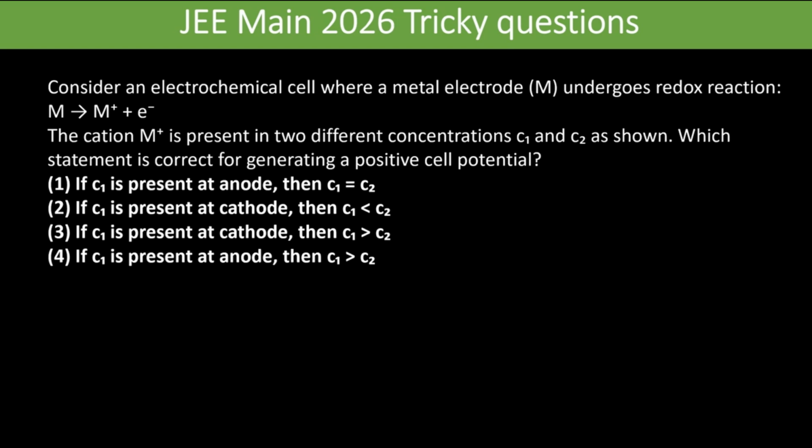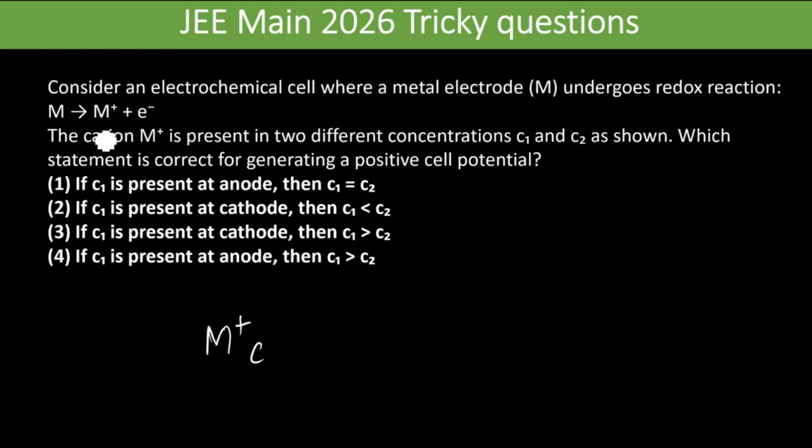The next one: consider an electrochemical cell where the metal electrode M undergoes the redox reaction. The cation M+ is present in 2 different concentrations, C1 and C2, as shown. Which statement is correct, generating the positive cell potential? Okay. So for a positive cell potential to happen, the reaction is M gives M+ and 1 electron.